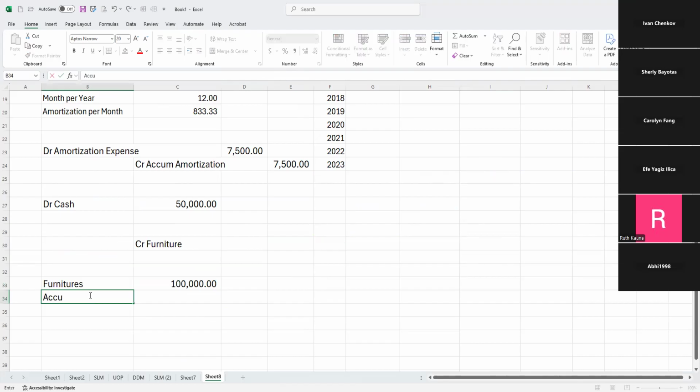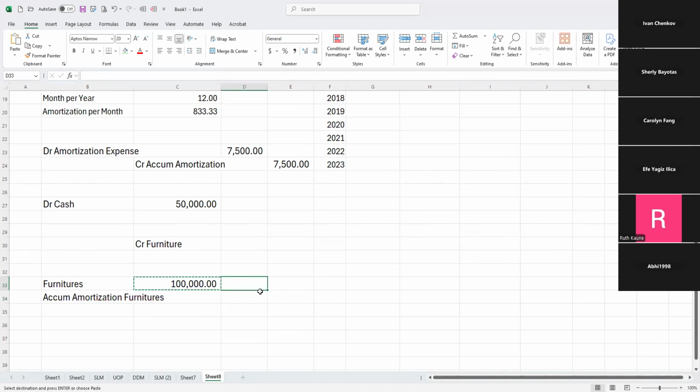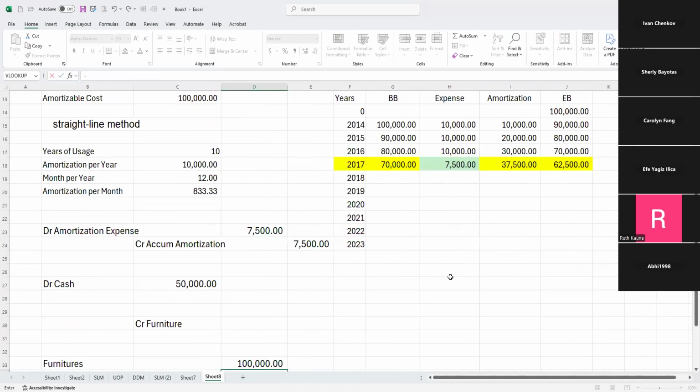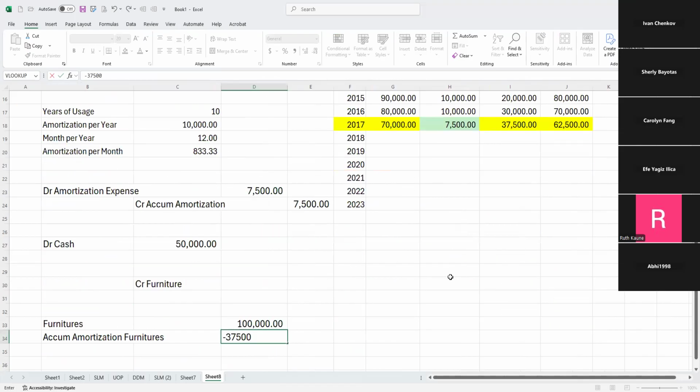Then you're going to have accumulated amortization, furnitures, and that amount will be negative 37,500, correct?